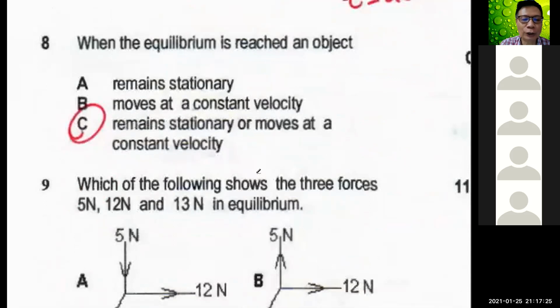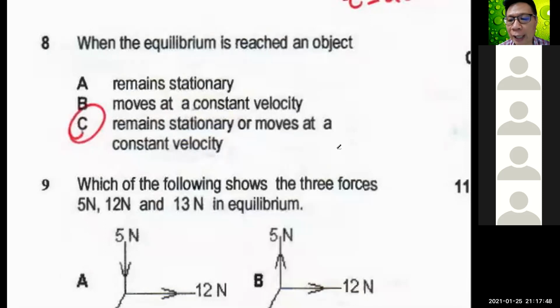Which of the following show the 3 forces 5, 12, 13 in equilibrium? How to check? Just now I say, you must join the 3 forces. You see which one can form a triangle in one direction. I repeat again.